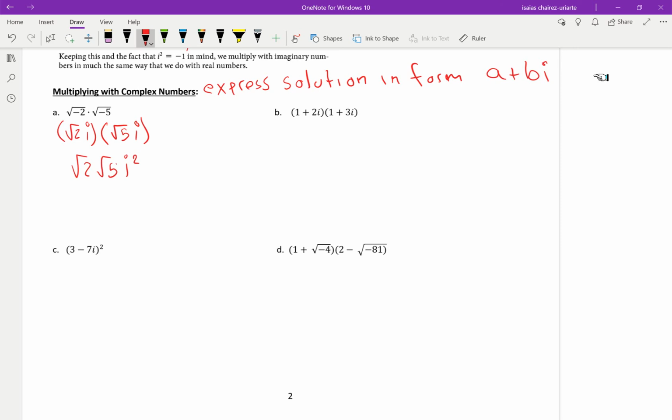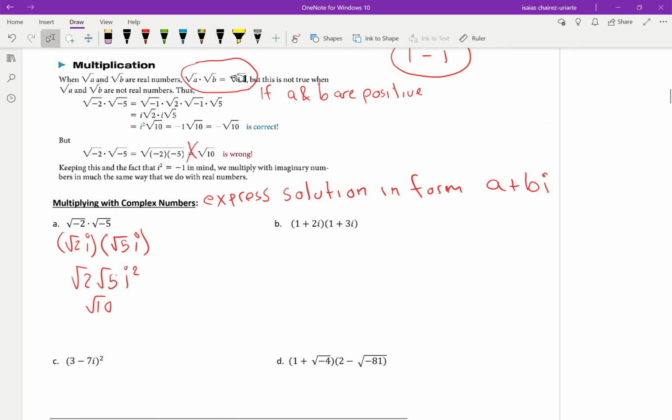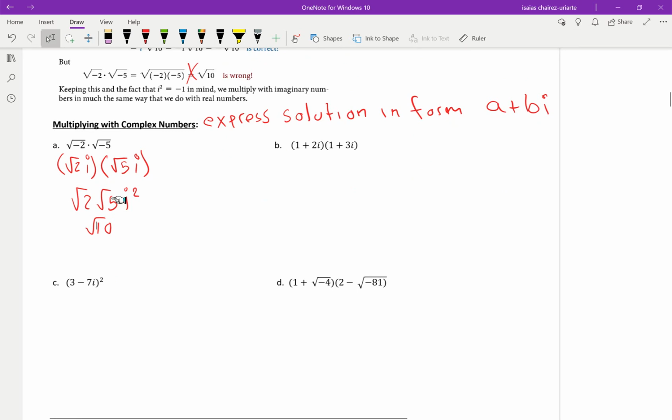And so then this becomes square root of 10. And this is possible now. Why? Because remember we said that we can apply this little rule, because this guy's positive and this guy's positive. So this is actually valid now. And I know that i squared is negative 1. So times negative 1. So I'm going to say negative square root of 10.